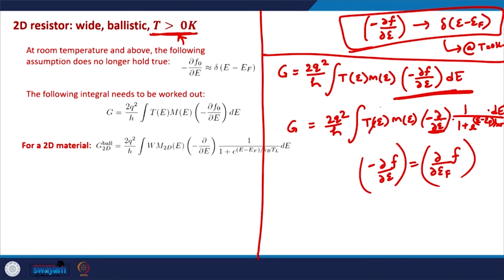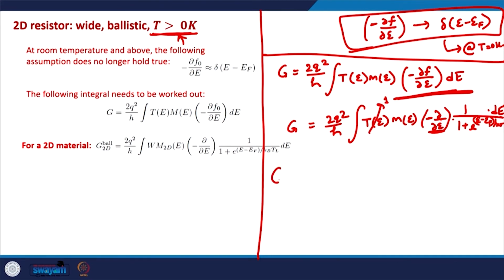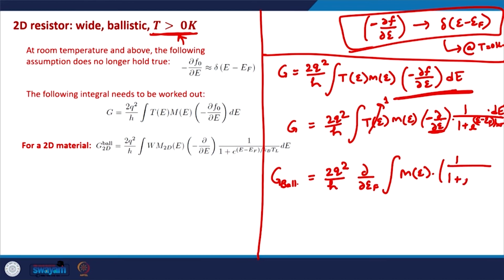In the ballistic case, T(E) is 1. So if we make this substitution, the conductance of the ballistic conductor at higher temperatures becomes, if we bring del by del EF outside, the integration of M(E) times 1 by 1 plus exponential (E minus EF) by kT dE.